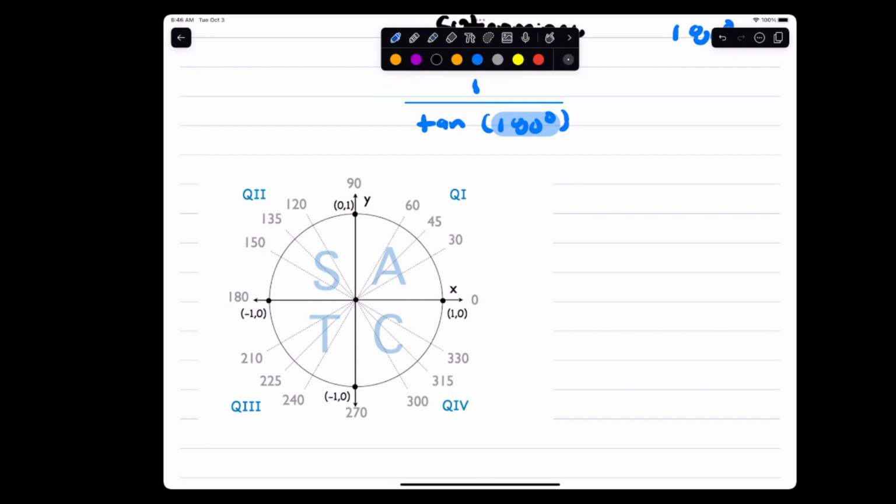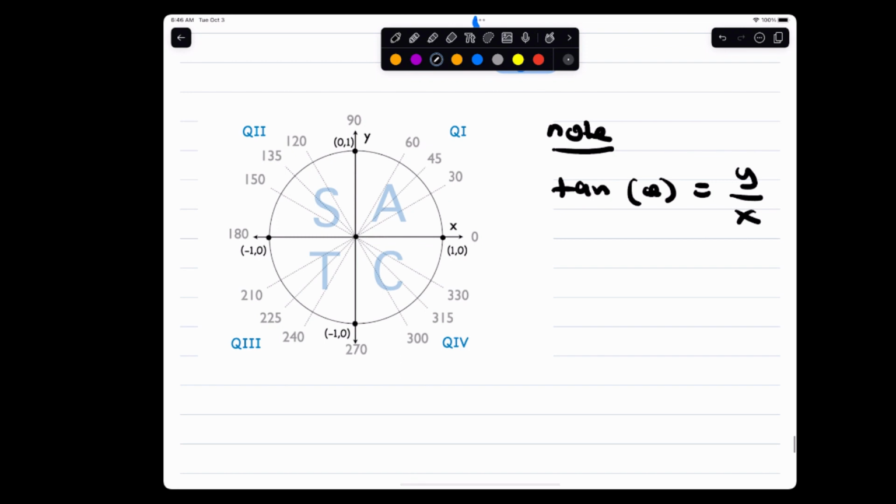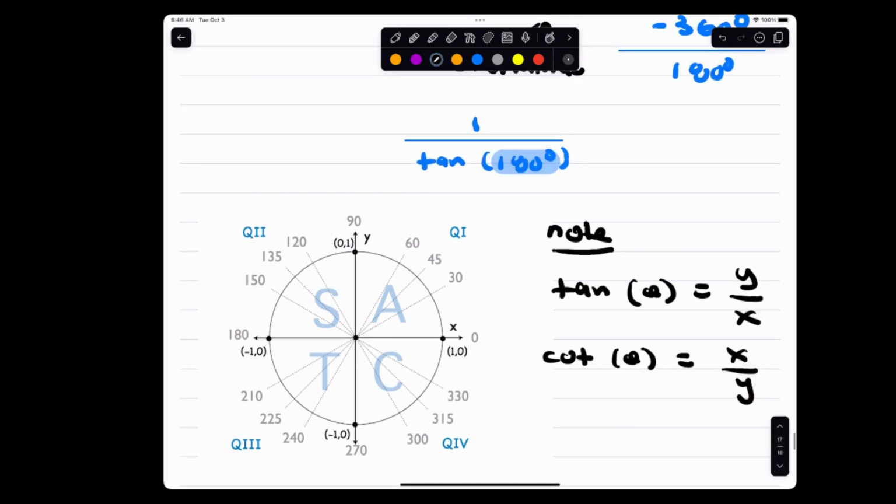We're going to have to really be careful here. I want you guys to note that tangent of any angle, wasn't that defined to be y over x? So cotangent of any angle is a reciprocal, and that's x over what? Y.